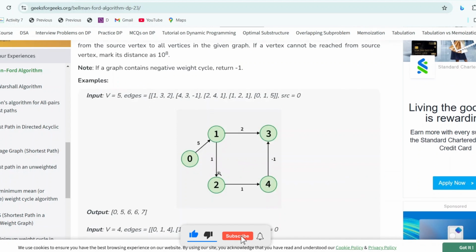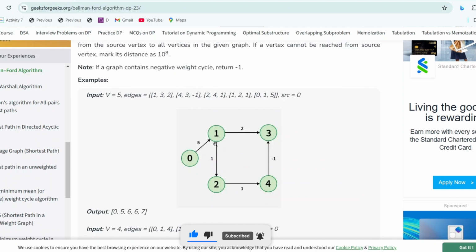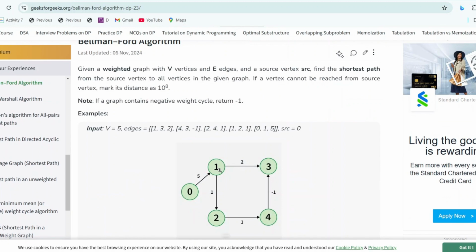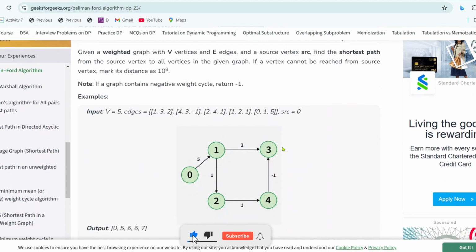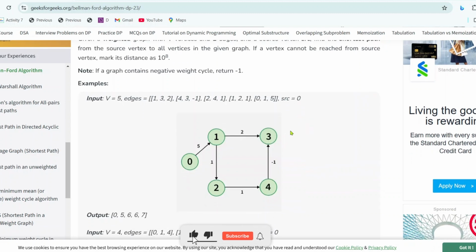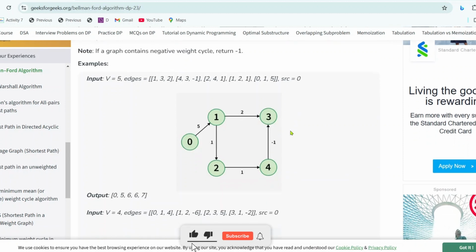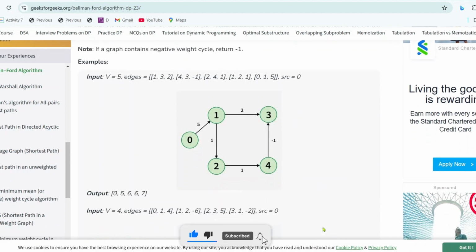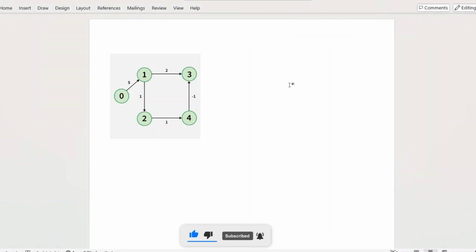Make a note that all these edges are directional edges. You can see that here there is a direction. The given source node is 0. So we need to find the shortest path from the source node to all the remaining nodes in the given graph. So let's take this example and write it down.